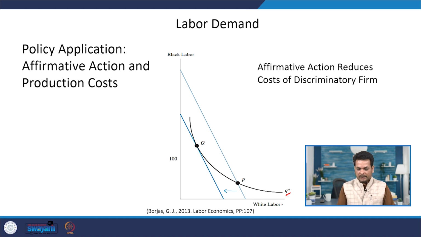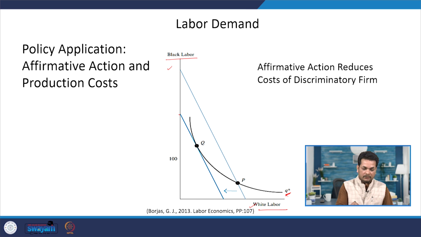Here on the x axis we have taken white workers, on the y axis we have taken the number of black workers to be employed, and to produce Q star unit of output, WW is the wage rate for the white labor and WB is the wage for the black labor.